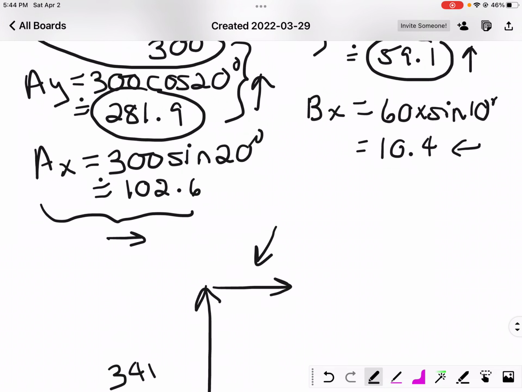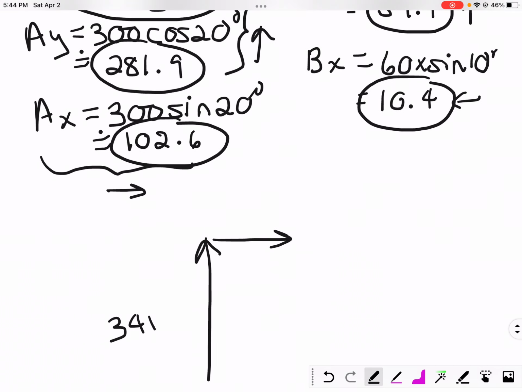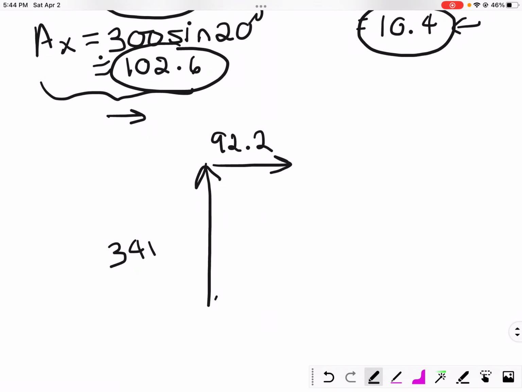This one here, we're going to get by taking this value, which is 102.6 to the right, and subtracting that value, because it's 10.4 to the left, and we're going to wind up with 92.2 to the right. This is our resultant. It is the sum of the two vectors.